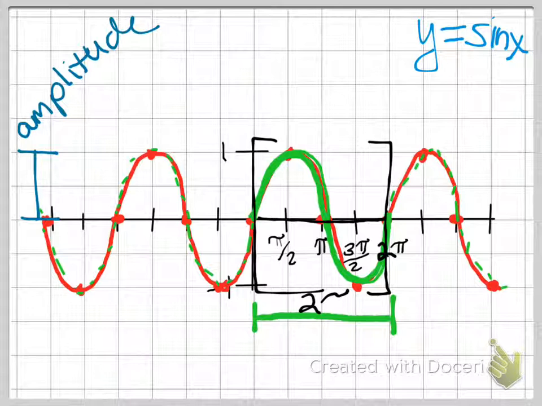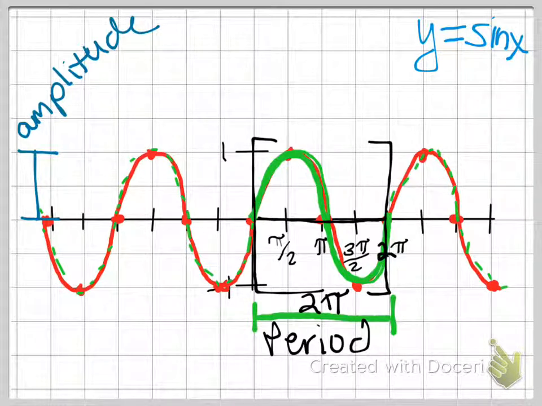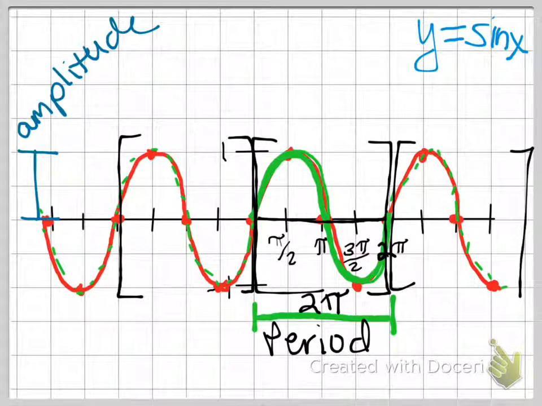And that is the period of the graph. At every distance of 2 pi, this graph is going to repeat itself, and it's going to do it forever and ever. So that's how you find your period. You start at 0, and you continue on horizontally to see how far your graph goes until it repeats itself.